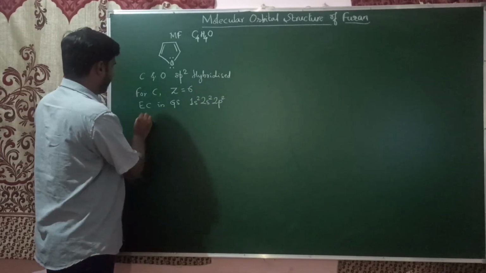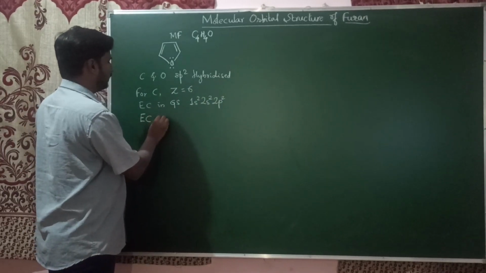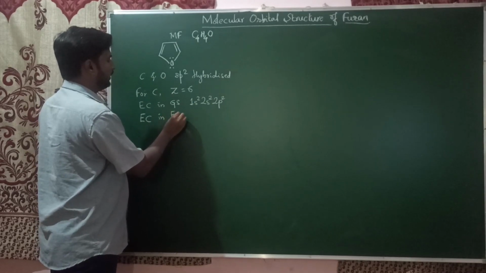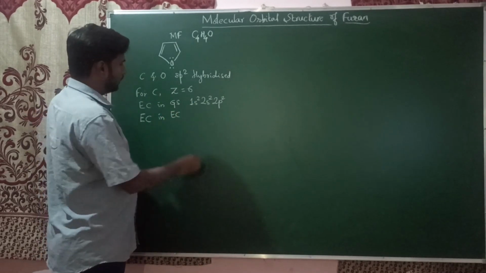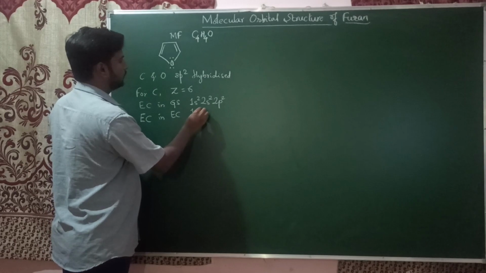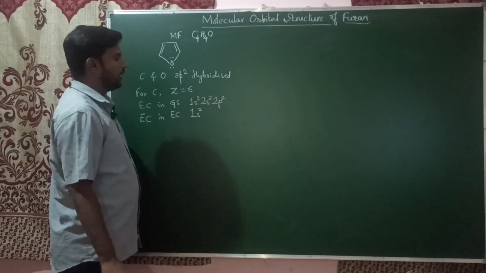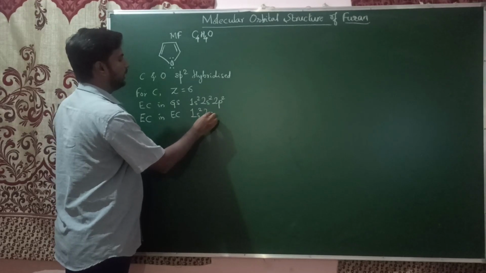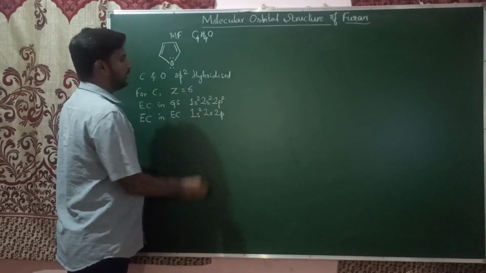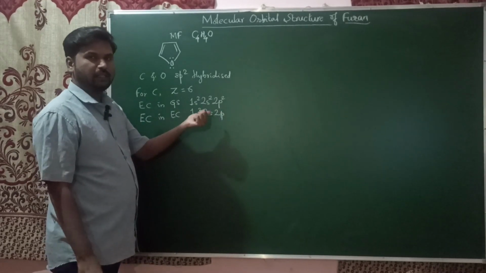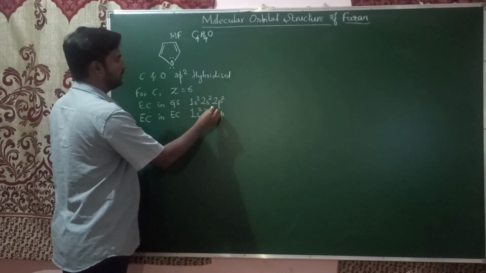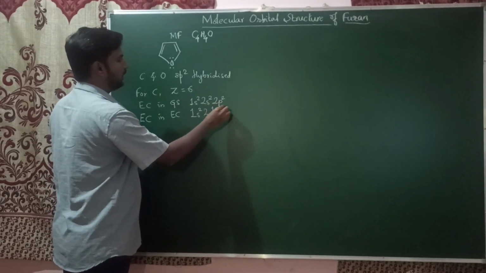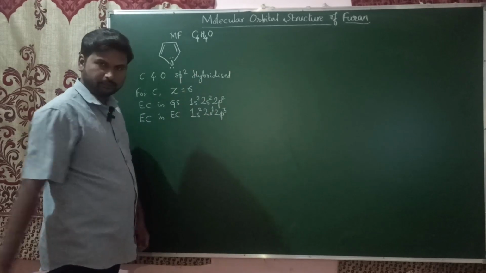The electronic configuration in excited state for carbon atom is 1s2, and the valence orbitals are in the second orbit, 2s and 2p. In excited state, one of the 2s electrons will shift to the 2p orbital, so it will be 2s1, 2p3.